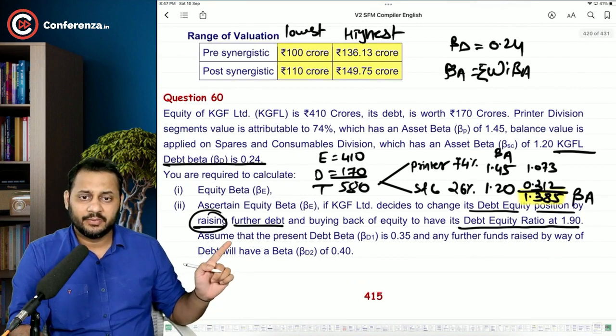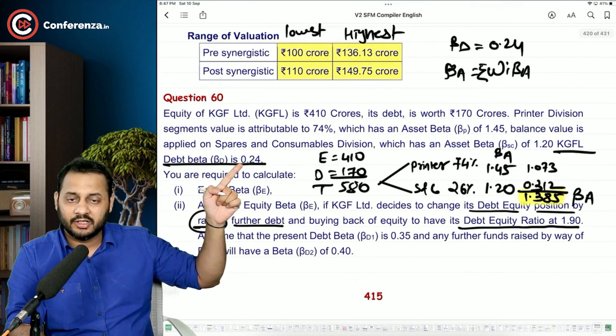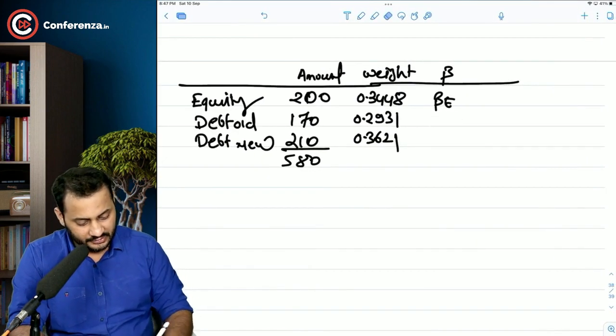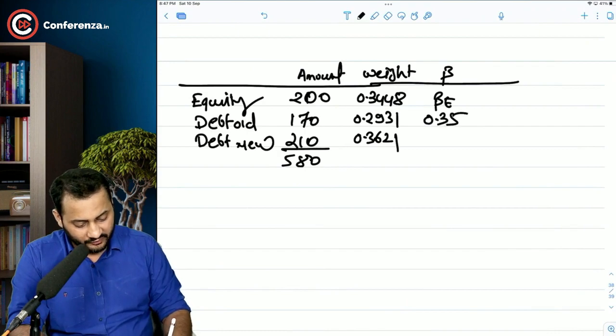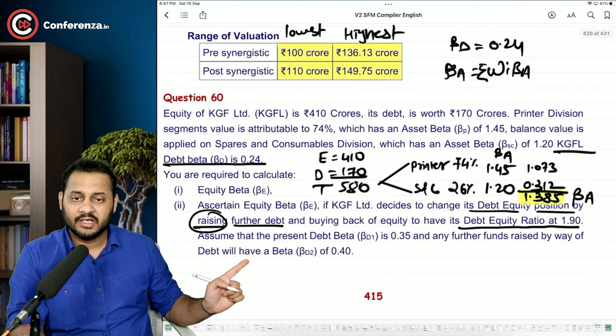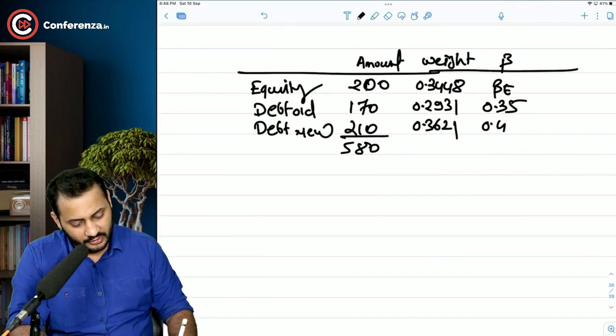Assume that the present beta of debt is 0.35. Now they have changed this beta from 0.24 to 0.35. So it is now 0.35, and the additional debt that we are going to raise will have a beta of 0.40.